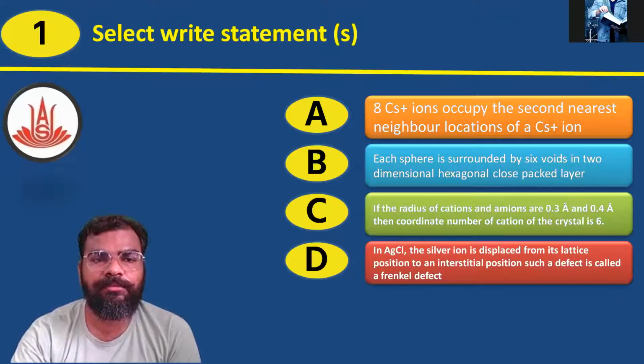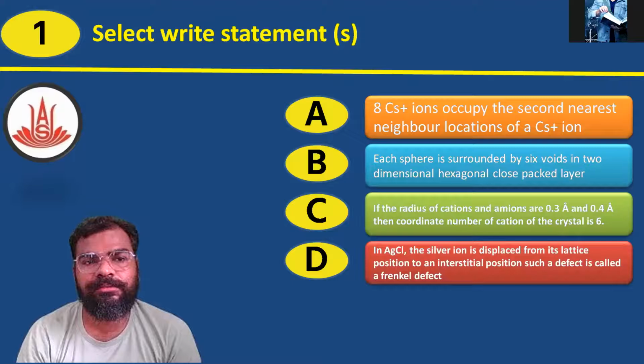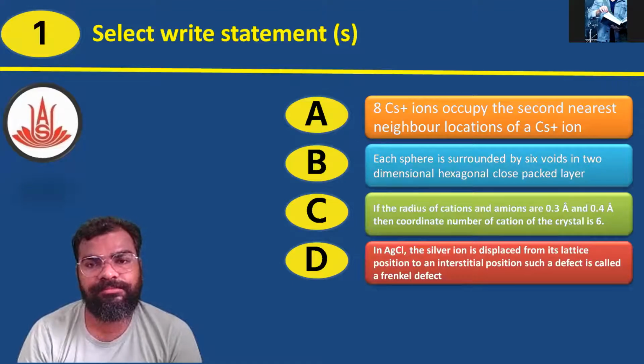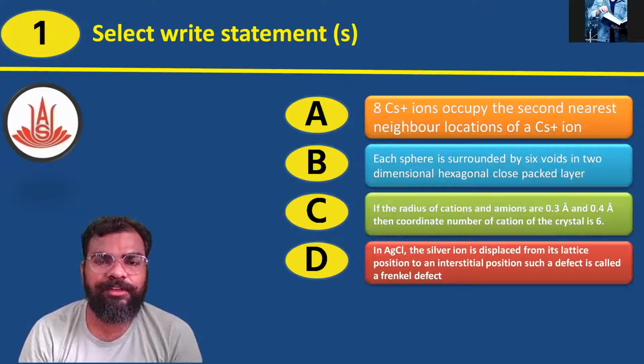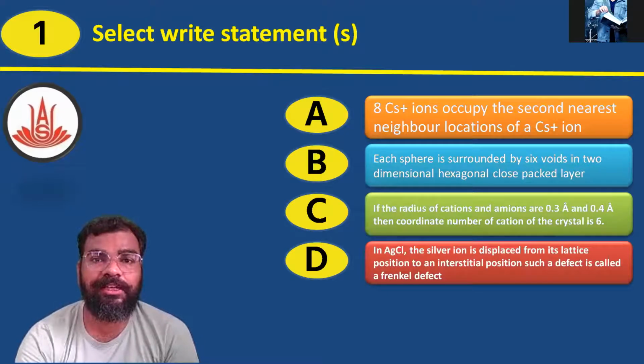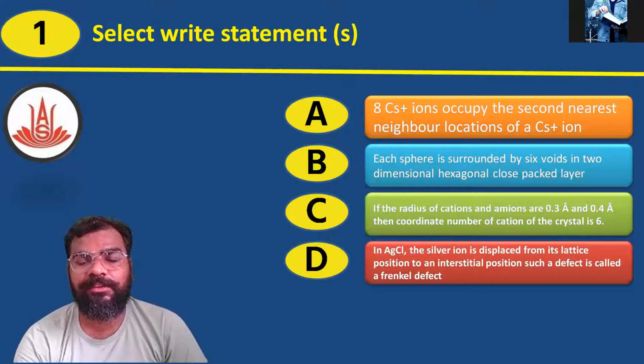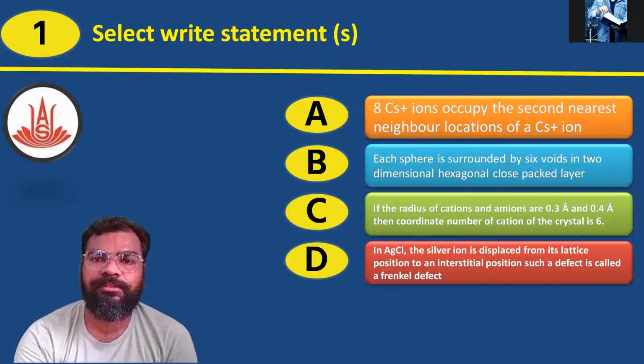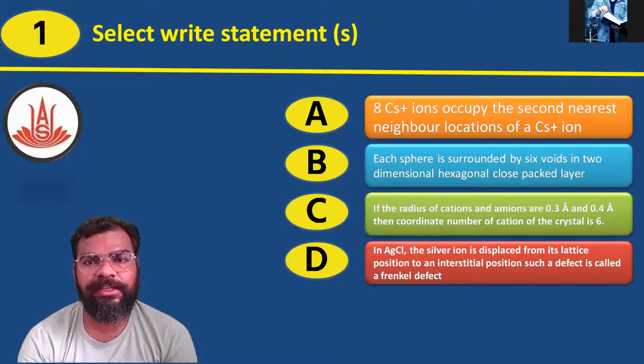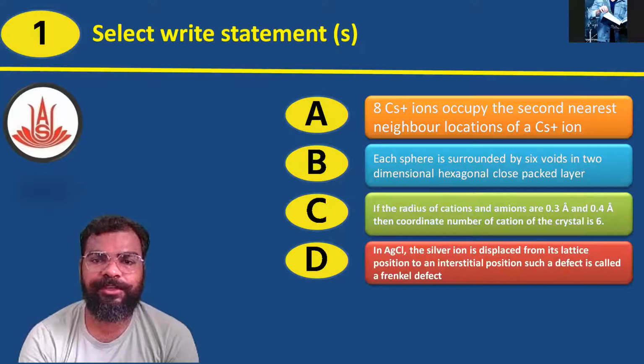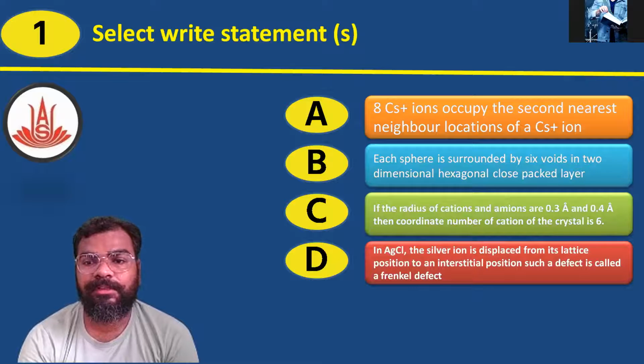So question number 1: select the right statement. There are four options given, and we need to select the correct option. Option A: 8 Cs+ ions occupy the second nearest neighbor locations of a cesium ion.